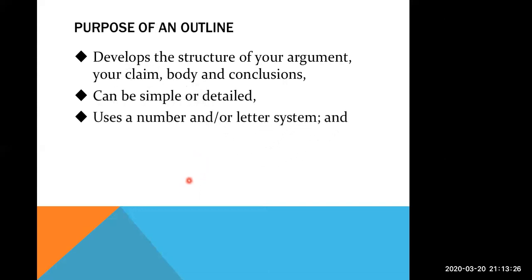It uses a numeral or a letter system, and involves change. Outlines can be changed. Outlines are not rigid. They are cyclic and do not take one linear form. They could be changed at any time of the research writing process.